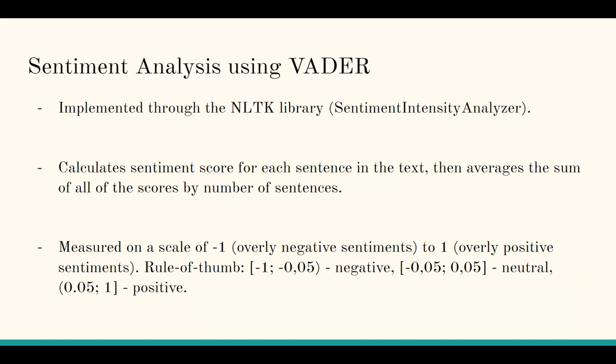The sentiment analysis score ranges from -1, which means overly negative, to 1, overly positive. And the rule of thumb for categorizing text into negative, positive, and neutral is that a score from -1 to -0.05 means the text is negative, -0.05 to 0.05 is a neutral text, and from 0.05 to 1 is a positive text.